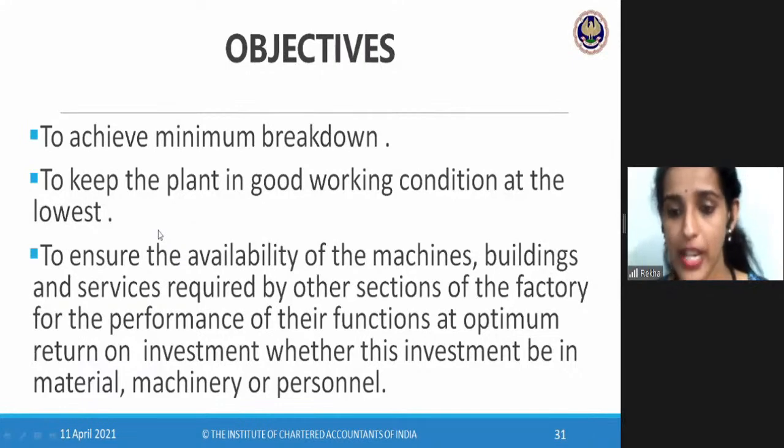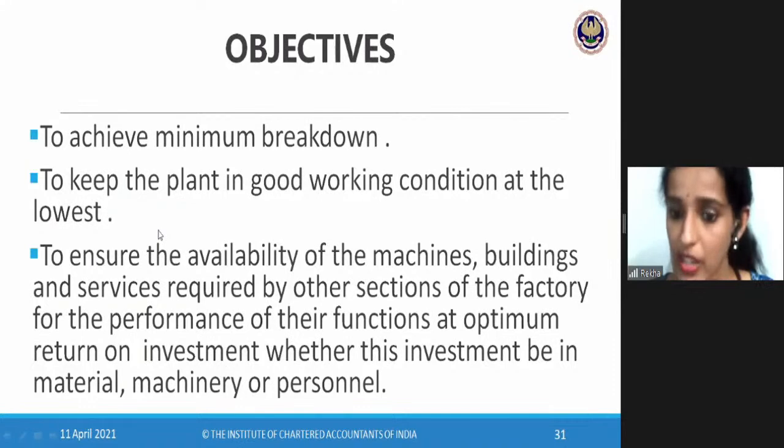Optimum result means I should be able to fully utilize that. It should be in proper working condition, but say, for example, the machines are working, but the speed at which it should work, or the number of products within which time it should give, is actually less. It is working, that doesn't mean it is being utilized in an optimized way, right?